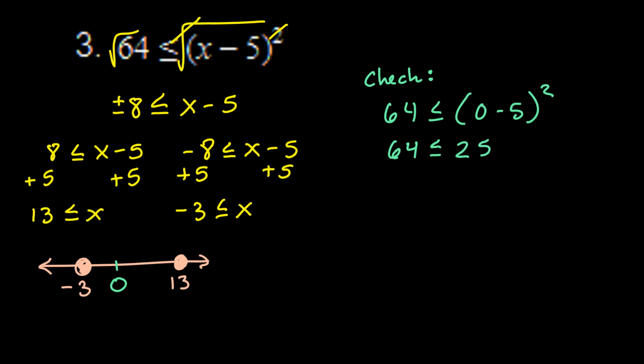So what do we ask about this? Is 64 less than or equal to 25? Is it true? No. So what do we not do? Don't shade where 0 is. So where's 0? In the middle. So where do I shade? On the outsides.